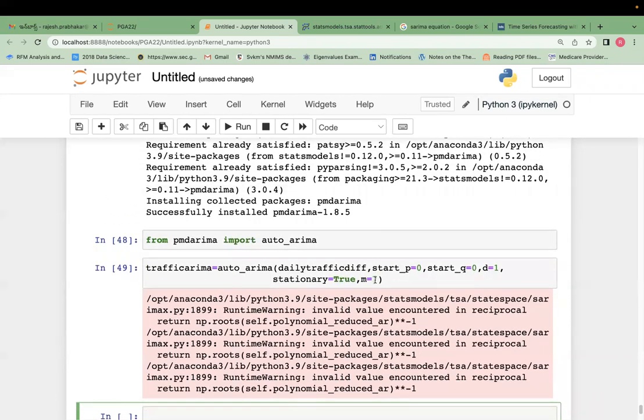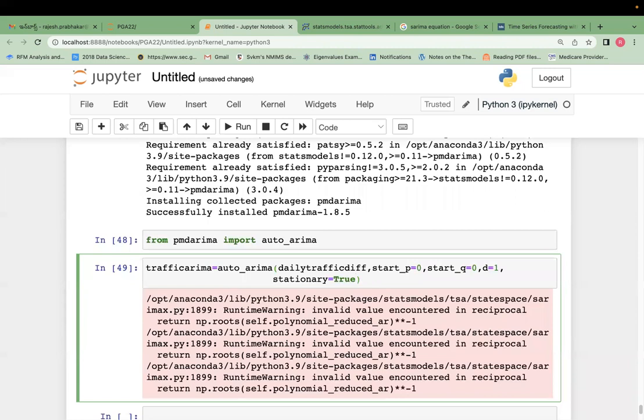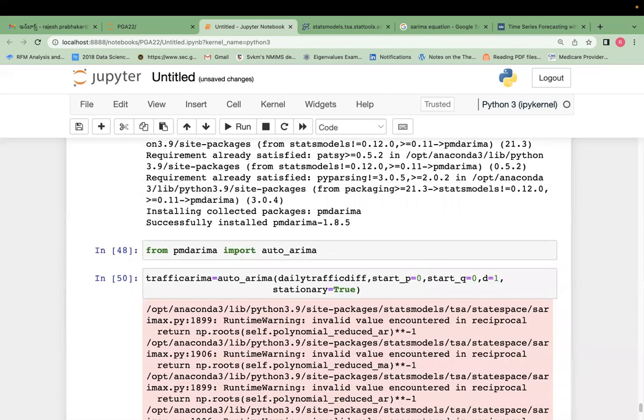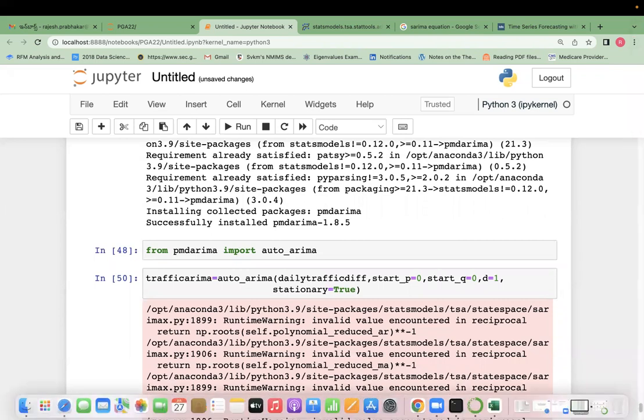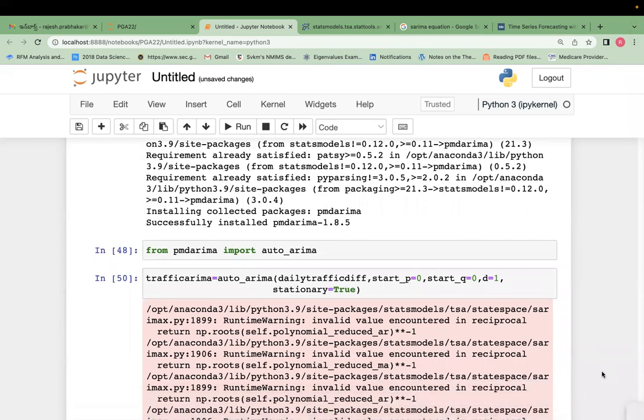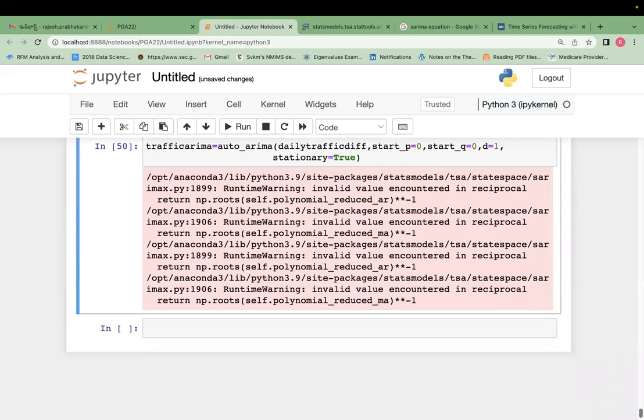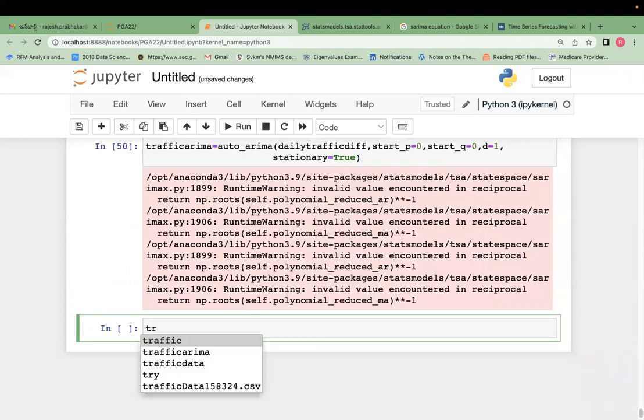Okay, remove m. Let us see the summary. traffic_arima.summary.